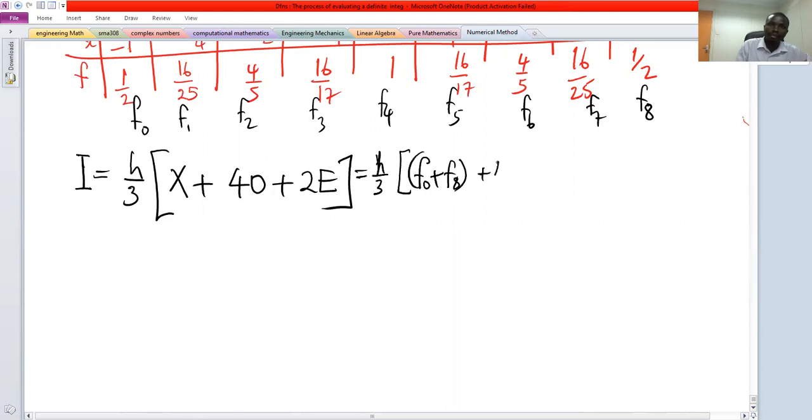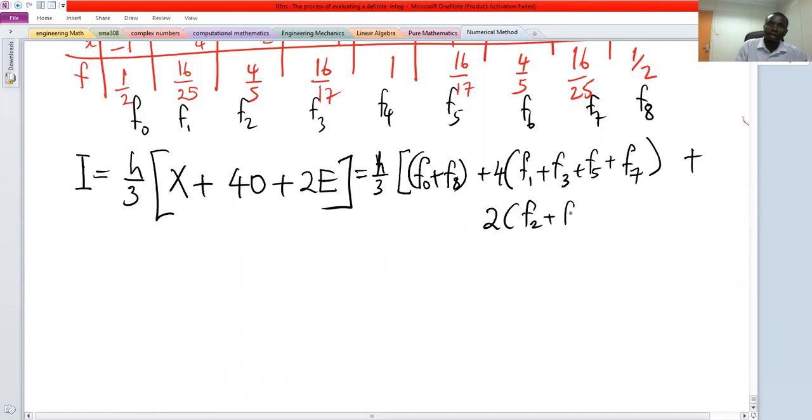And then for odd ones, we have 4 into F1, F3, F5, and then F7. Even ones, 2 into F2, F4, F6. We don't include F8 because it has already been included as one of the endpoints. So that's why we stop.